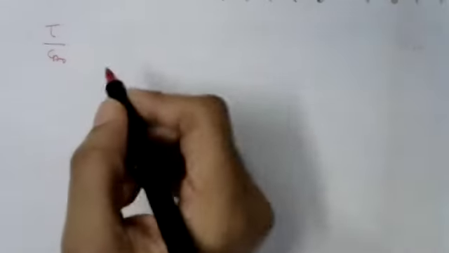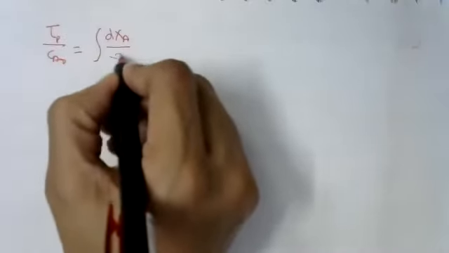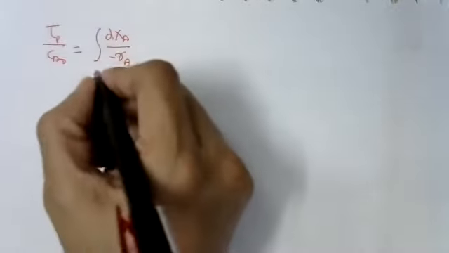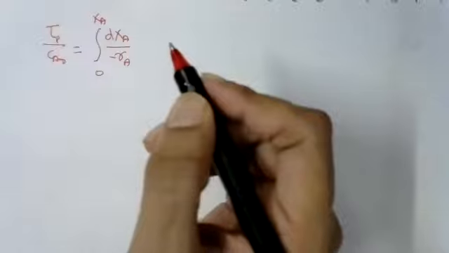The equation which we have got was tau p upon CA0 is equal to integration of dxa upon minus RA, where the conversion varies from 0 to XA.